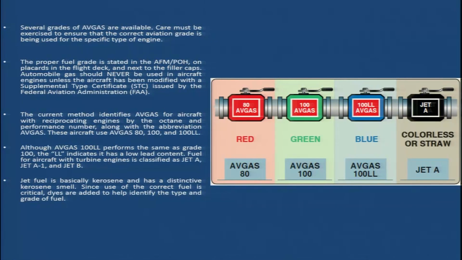Since use of the correct fuel is critical, dyes are added to help identify the type and grade of fuel. So, the type of fuel is very important, which type of fuel to be used on which aircraft is very critical, and so, to help, these fuels are dyed in color so that they can be easily identified.